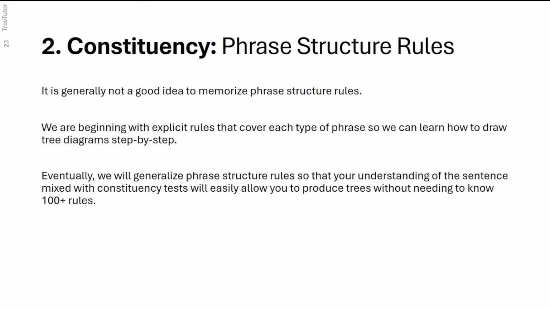They're really good at showcasing some basics for how to start building a tree and how to start determining categories and putting things together into phrases, but it's not good in the long term to memorize a bunch, because if we were to be really honest and lay out all of the different phrase structure rules a language might have, we would have hundreds of rules, and that is unrealistic to memorize. So do not try to memorize these.